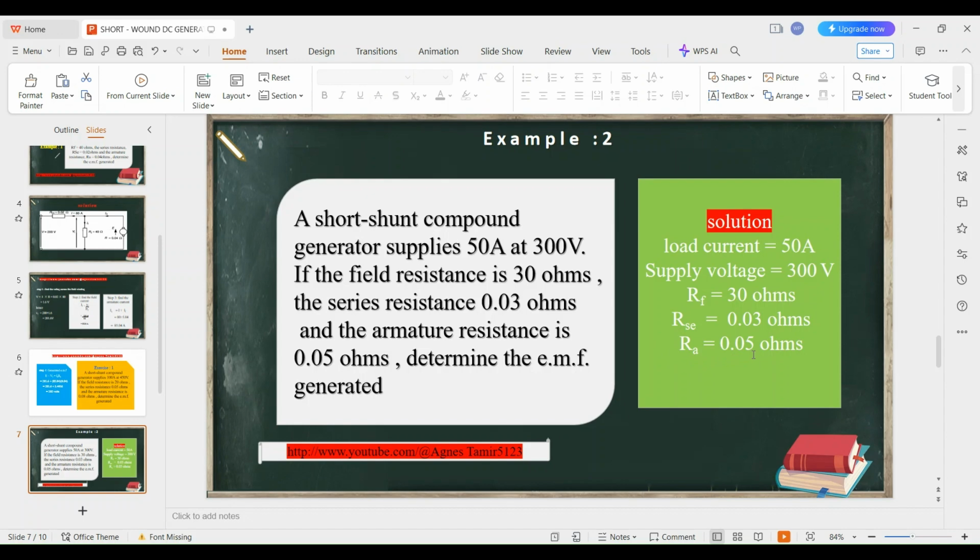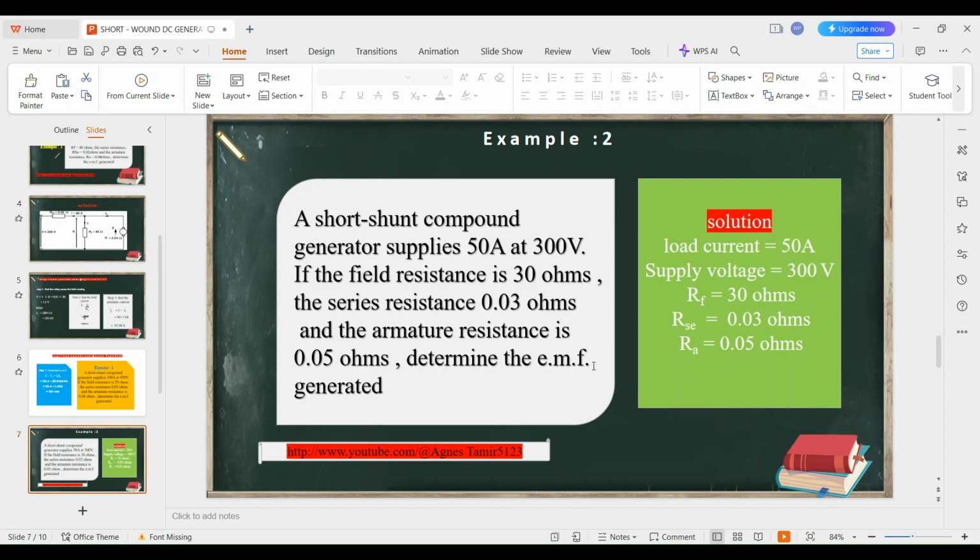Then the first step, remember we said we have to look for the voltage drop across the series resistance. After getting the voltage drop, we add it to the supply voltage to get the terminal voltage V1. After that, you look for the field current flowing through the field resistance, and then you look for the armature current. Then you'll be in a position to solve the problem because you have everything that is required.